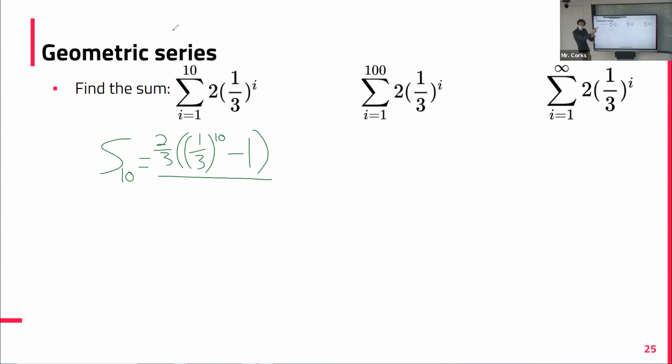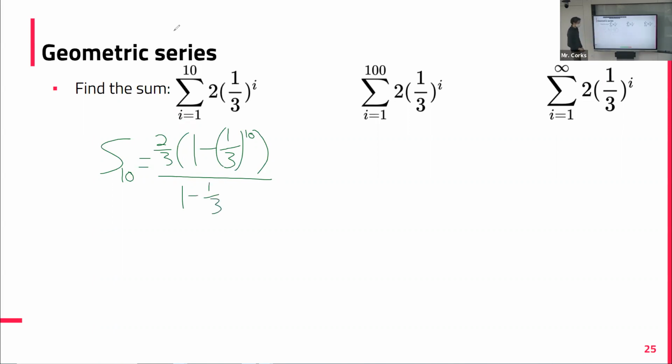We have the other version, so let's use that, which will make our negative sign a little easier to deal with. So 1 minus 1 over 3 to the exponent 10, and then on the bottom, 1 minus 1 over 3.